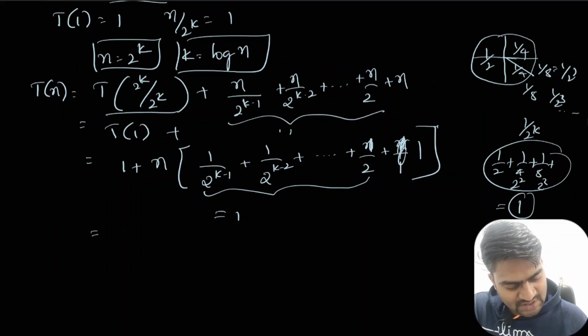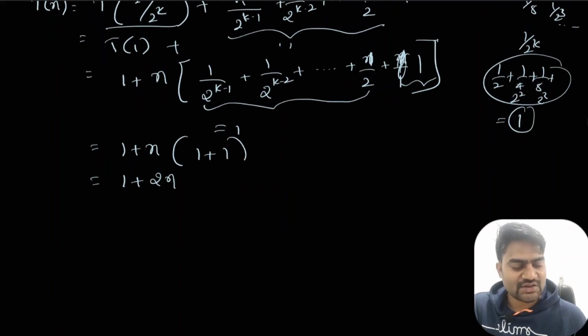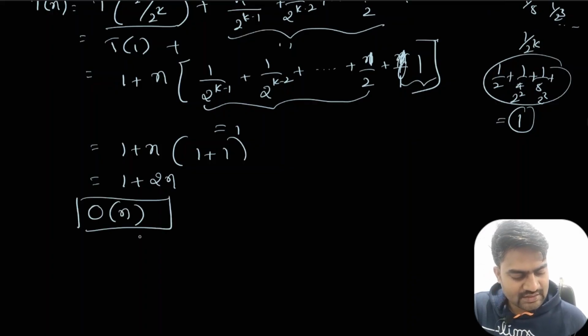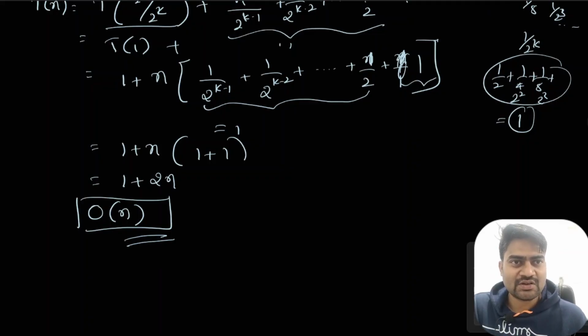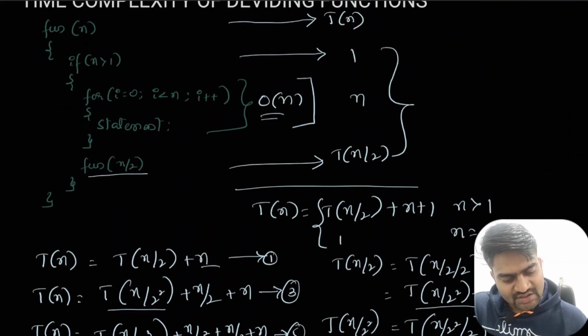So that's what we are considering here. So this becomes 1 plus n into 1 plus this remaining 1. So it will be 1 plus 2n. This is the equation we get. So if this is the equation, then our order will be n. This is the order of this particular recursive function.